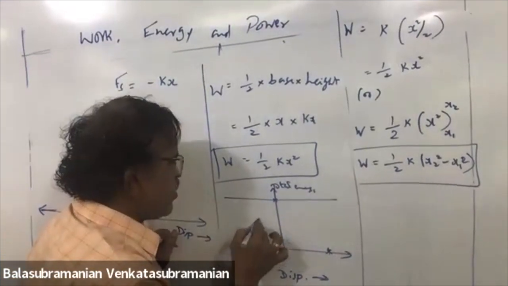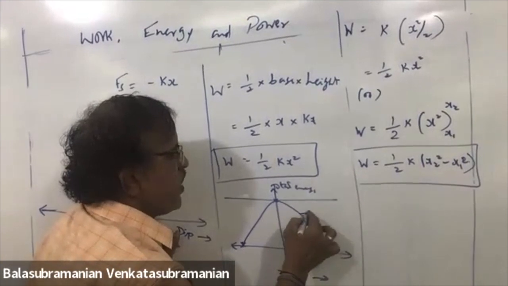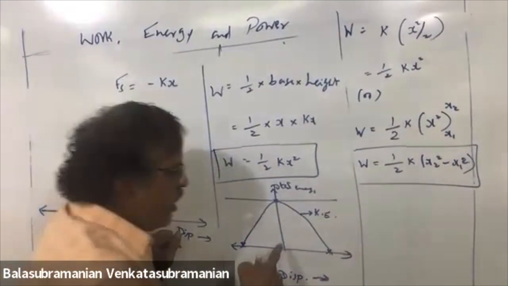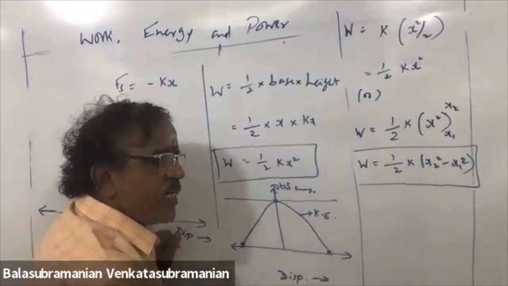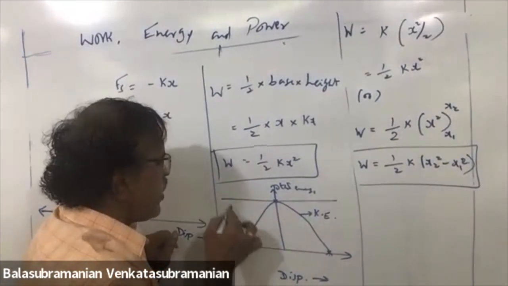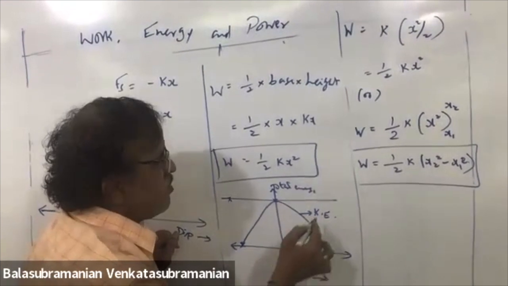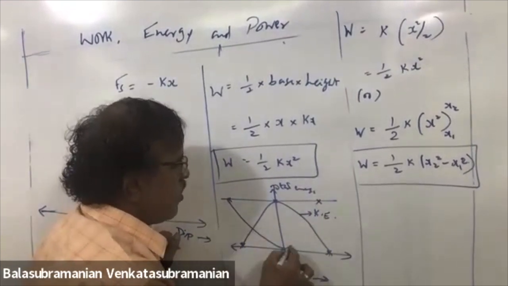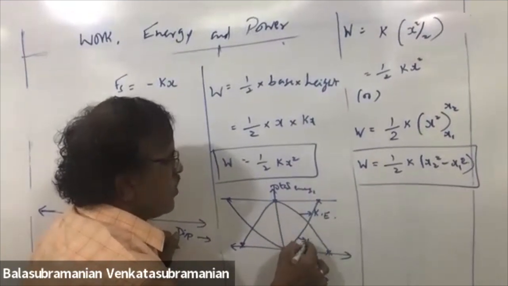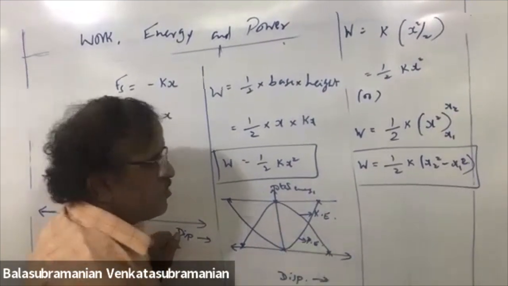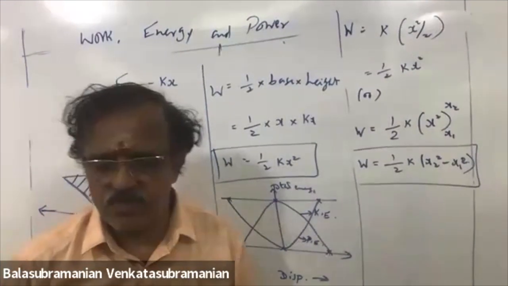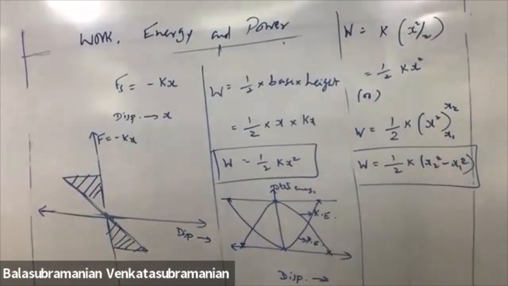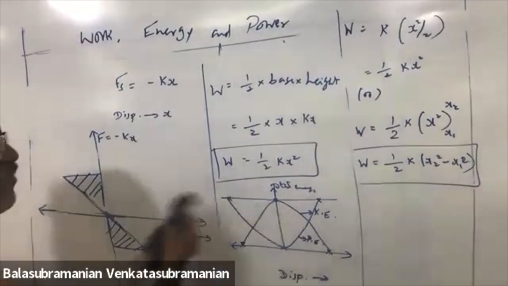So join these 3 points. This we call kinetic energy. Mean position, potential energy is 0. Extreme position, potential energy is maximum. Join these 3 points. See, potential. Correct? Simple. Graphical representation.